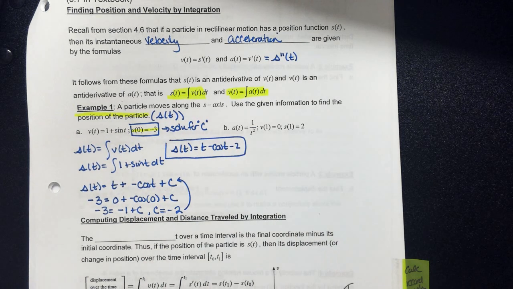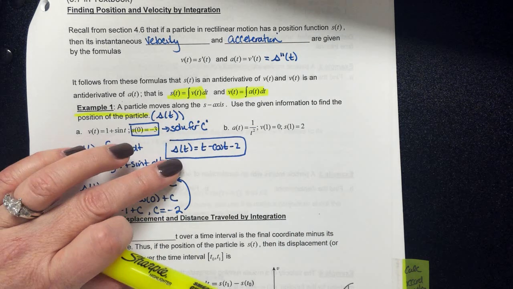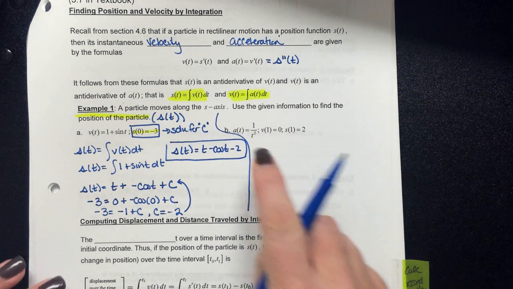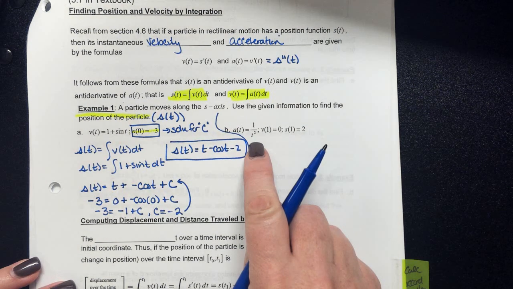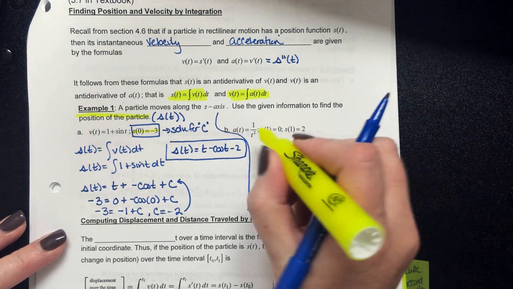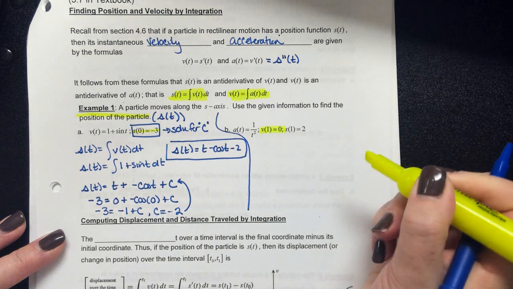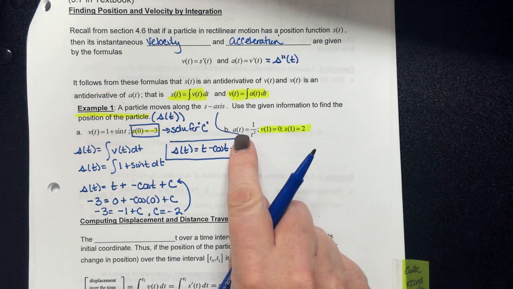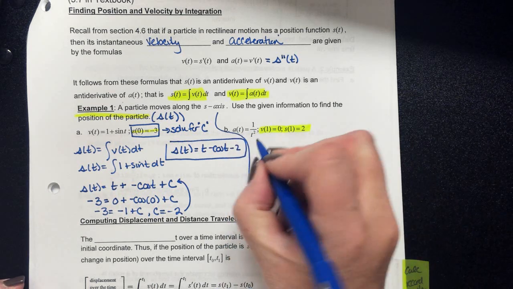So that's how, when you're given your velocity function, you can find your position function. Now in part B, notice they're not giving you the velocity function, they're giving you the acceleration function. They're giving you two conditions: v of 1 is equal to 0, and s of 1 is equal to 2. So to get to the position function given acceleration, you first have to find the velocity function.